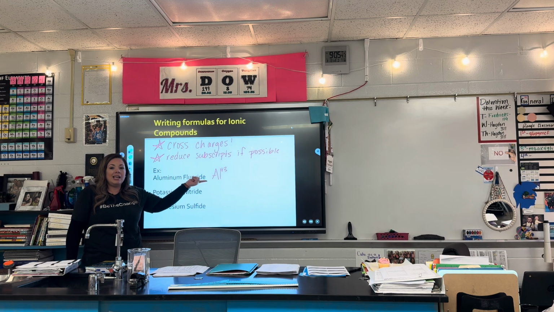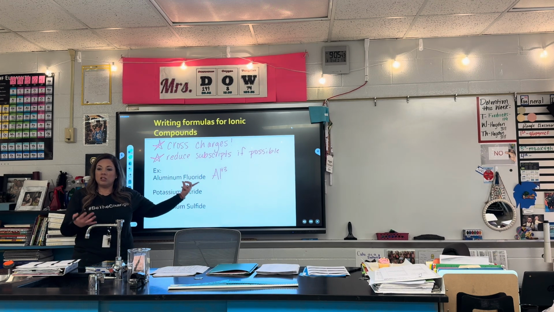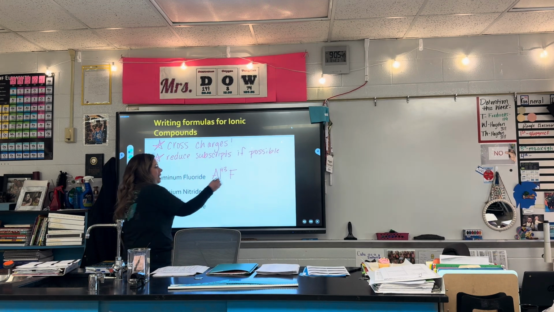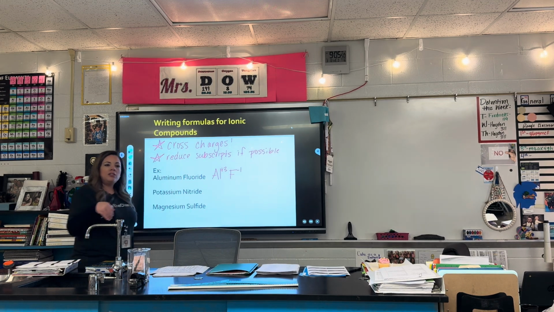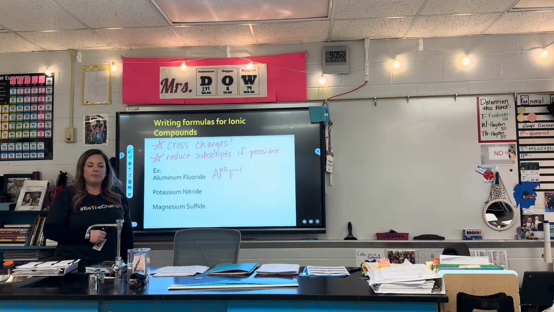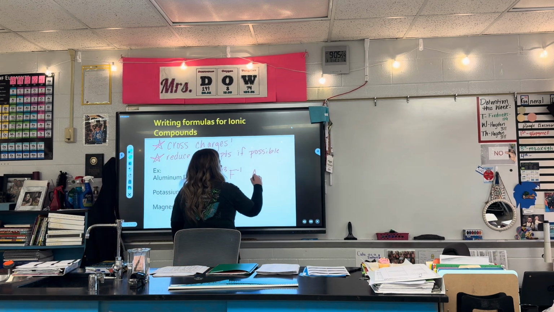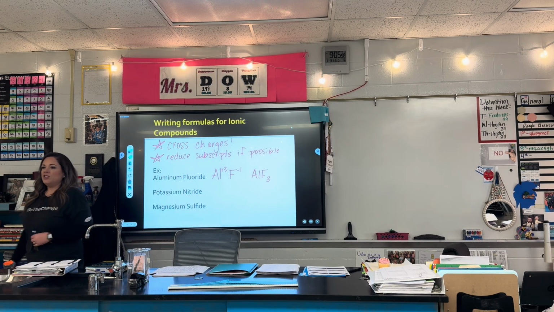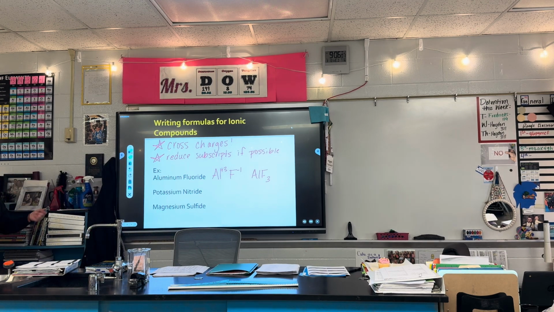It's just that the ending got changed to "ide" when we named it. So this is still fluorine. And what is fluorine's charge? -1. So when I cross that, what is my formula going to be? AlF3. The only thing changing here is that the ending of my nonmetal is now "ide."